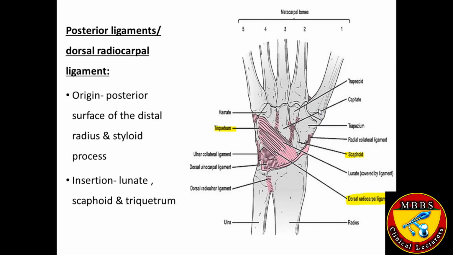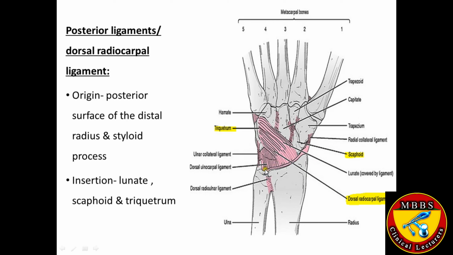Posterior ligament or dorsal radiocarpal ligament. This is the dorsal radiocarpal ligament, which is present on the posterior side. From where does it originate? It originates on the posterior surface of the radius, the distal end of the radius as well as of the ulna. This is the posterior surface of the radius, this is the posterior surface of the ulna.